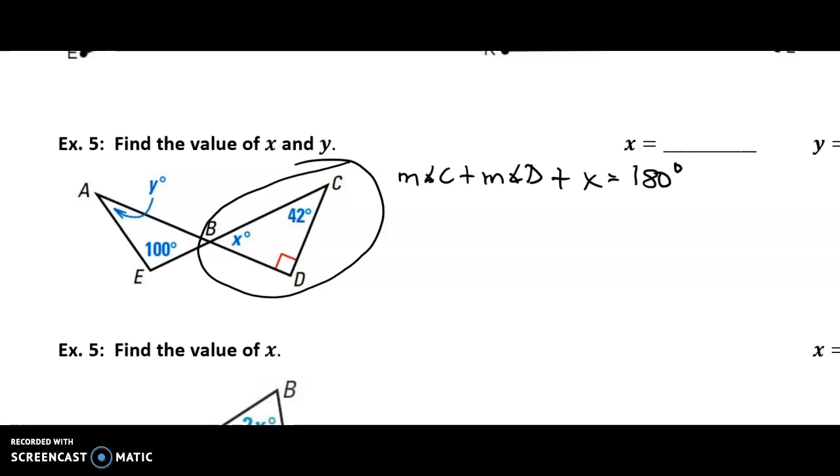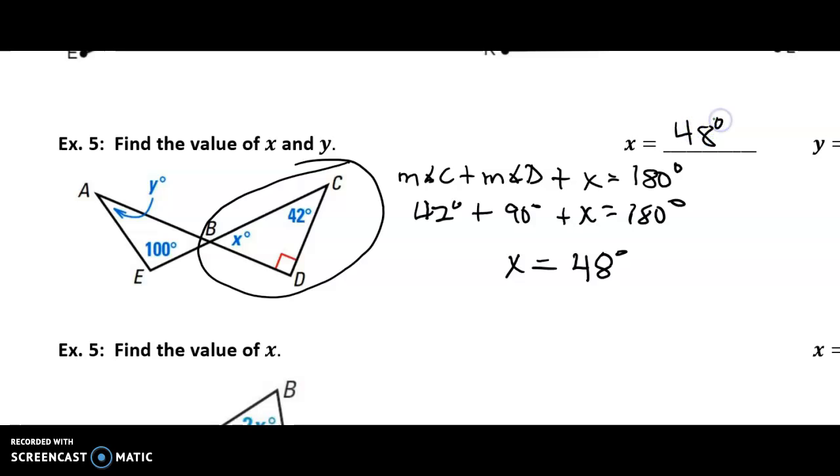So we set up our plan, substitute in our values, and solve for x. X is equal to 48 degrees. Now that we've solved for x, let's go ahead and solve for y in the other triangle.